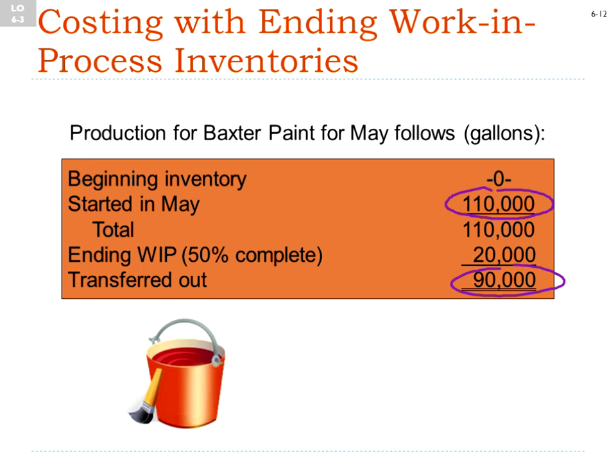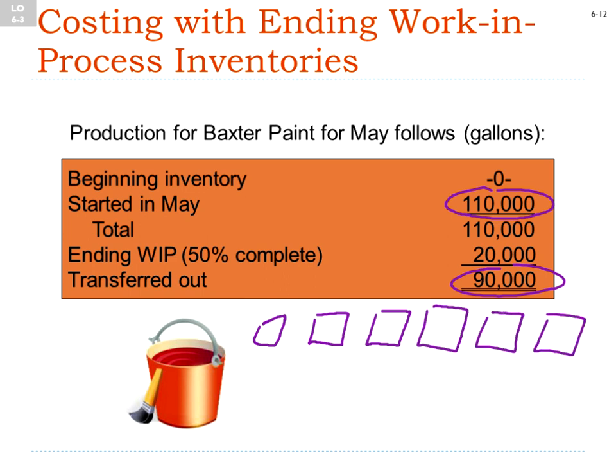Okay, so if you had a bunch of paint cans, a few of them were filled up to the brim. Well, not a few. Most of them were filled up to the brim. But it's saying here that not all of them were. Some of them were just filled up halfway or 50%. It says that they were 50% complete.